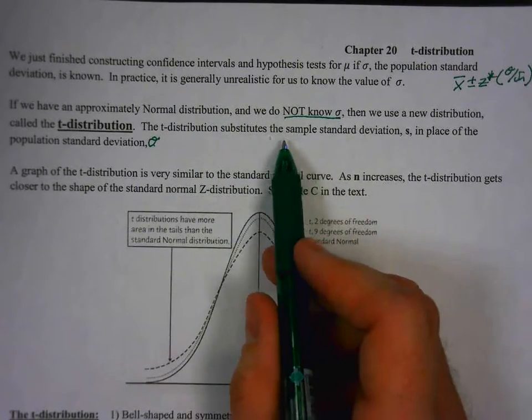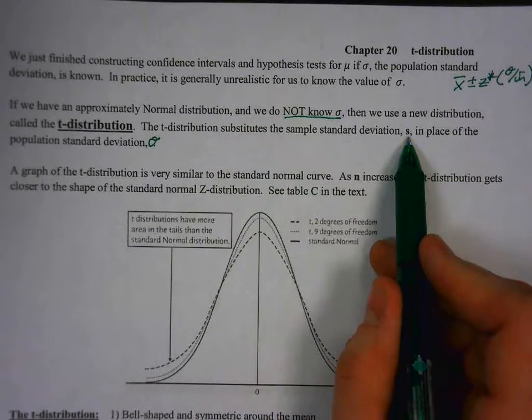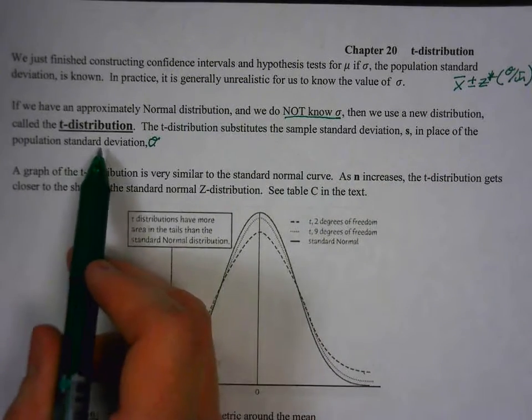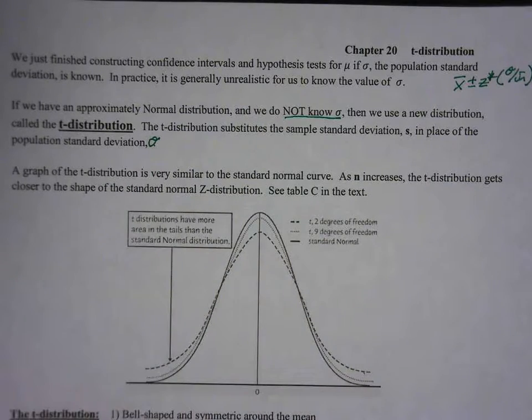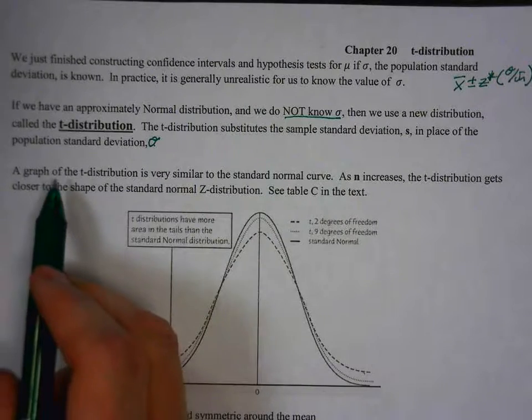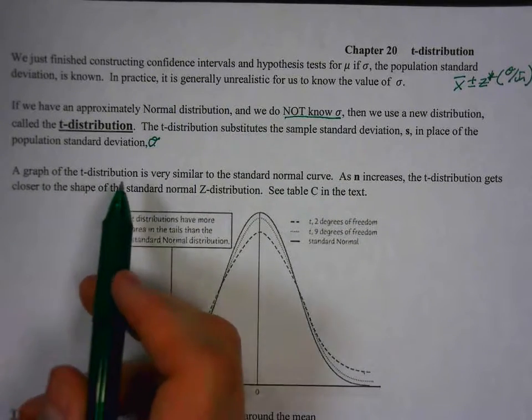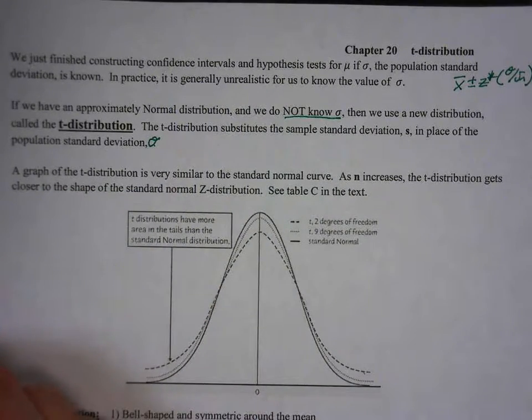The t-distribution will substitute the sample standard deviation s in place of the population standard deviation sigma. So we're going to use s in place of sigma. The graph of a t-distribution is very similar to the standard normal curve. As n increases, as your sample size increases, the t-distribution gets closer to the shape of the standard normal z-distribution.